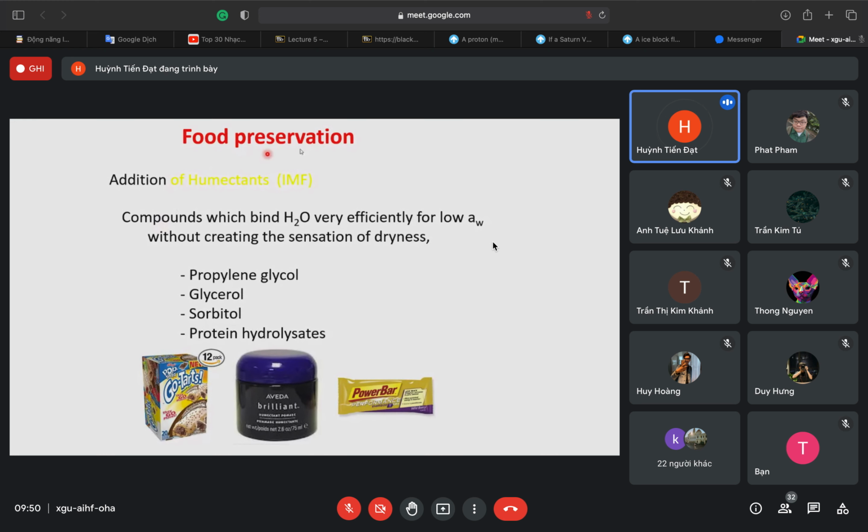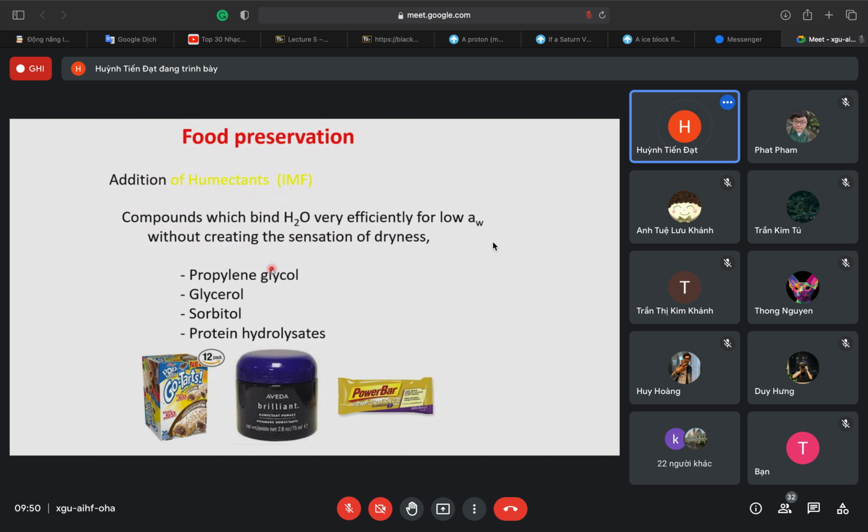So for some of them we add humectants, okay? We add humectants to the food to make intermediate moisture food. These are compounds that can bind to the water very effectively for low water activity, but do not make the food become very dry.